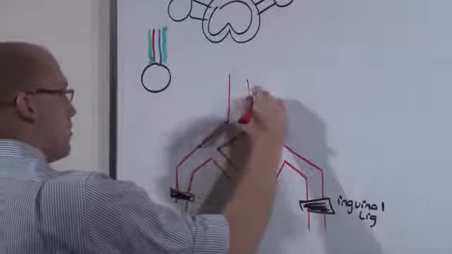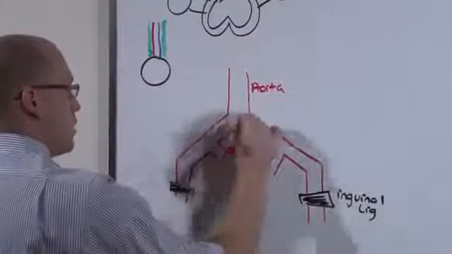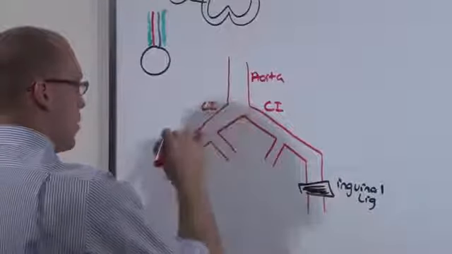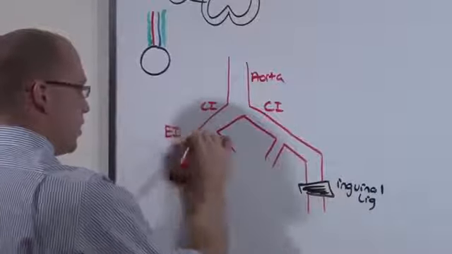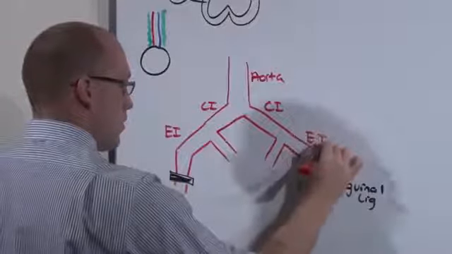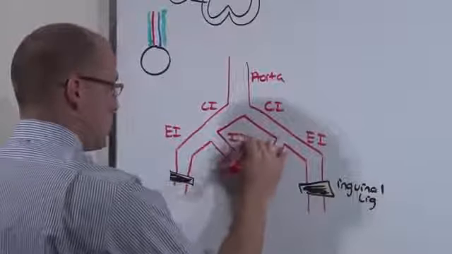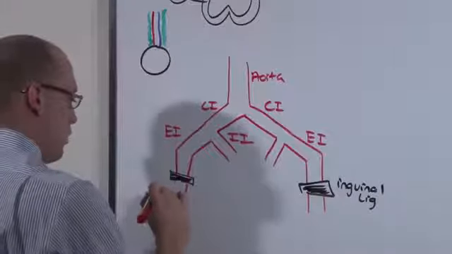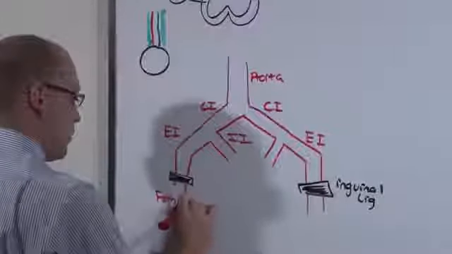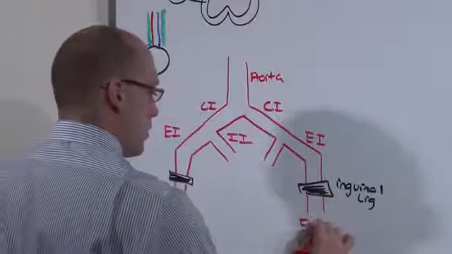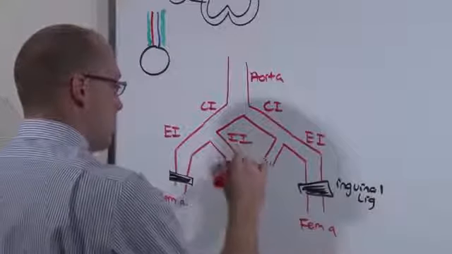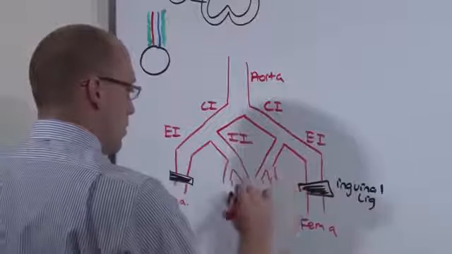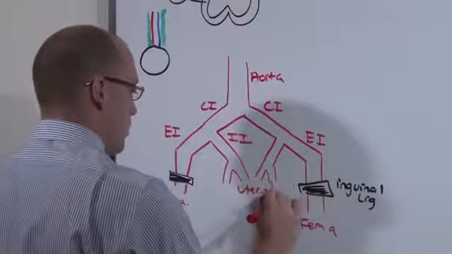The aorta gives rise to the common iliac arteries, which branch into the external iliac arteries and the internal iliac arteries. The external iliac arteries give rise to the femoral arteries once exiting from the pelvis. And it is the iliac arteries that give rise to uterine arteries.